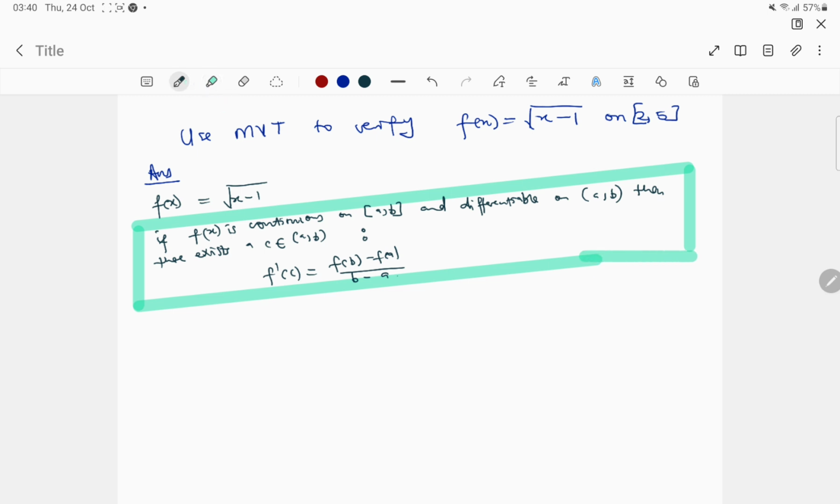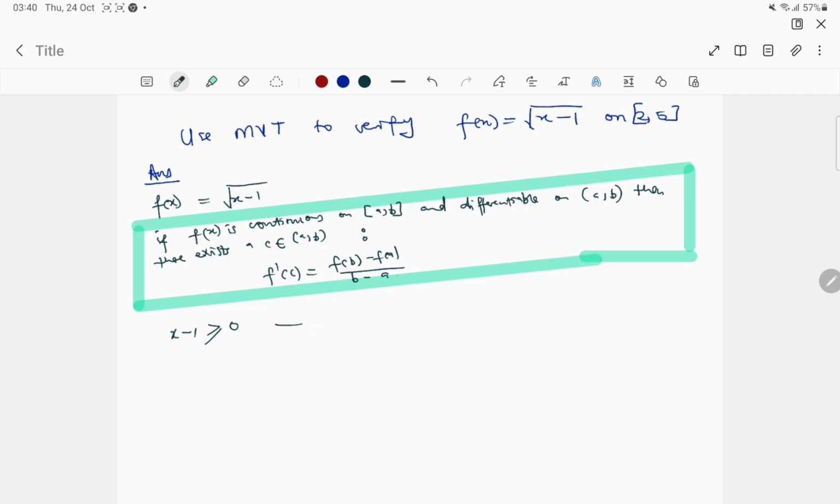So we need to first prove that f of x is continuous. By nature of the square root, you know that the square root is continuous if x minus 1 is greater than or equal to 0. So it should be continuous for values of x where what is under the square root is greater than or equal to 0, since under the square root you cannot have a negative if we are considering the real line as our base set.